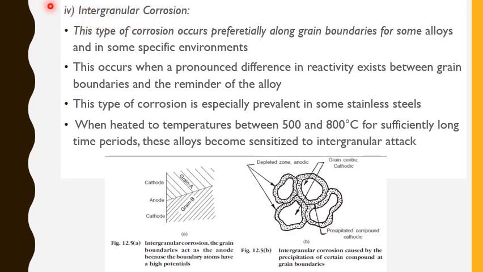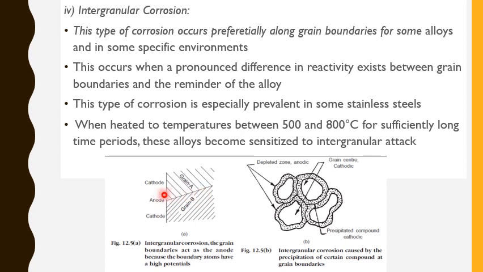Intragranular corrosion. This type of corrosion occurs along grain boundaries. Grains are particles of material. Here it is shown grain A and grain B. This is the boundary between the two grains or two particles.